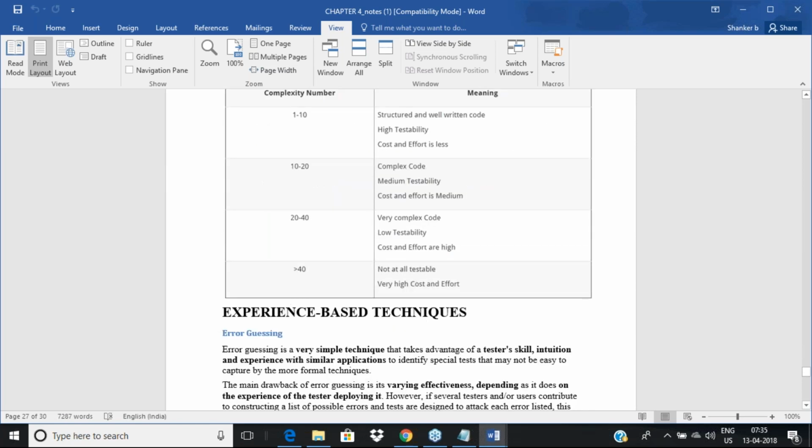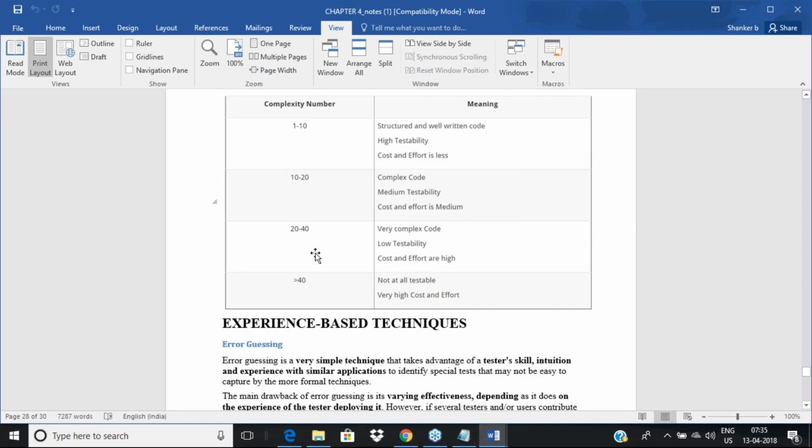I don't think you will get any questions on this, but it will help you rule out some options. Suppose he gives you some code and the cyclomatic complexity of this code is 20 or 25, then these points will help you: it's a very complex code, low testability, and cost and effort are high.